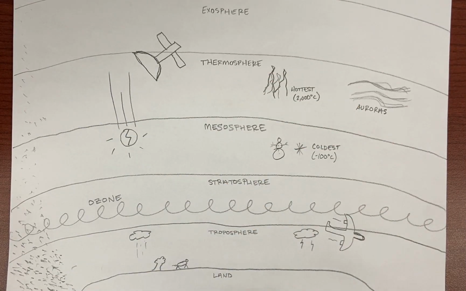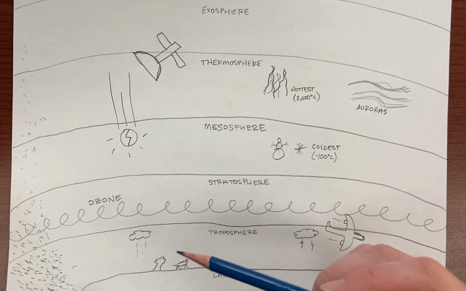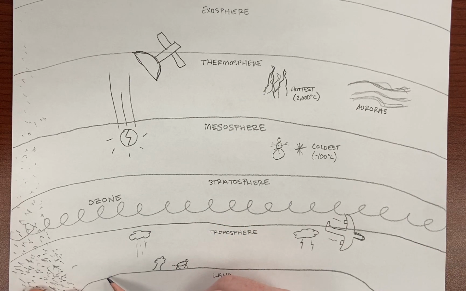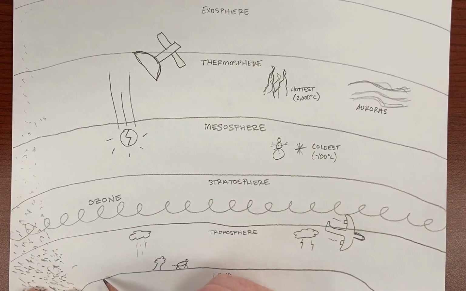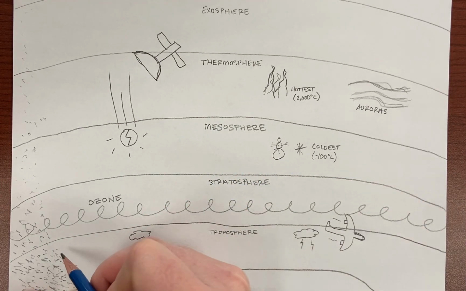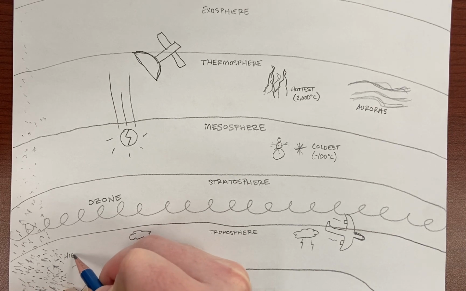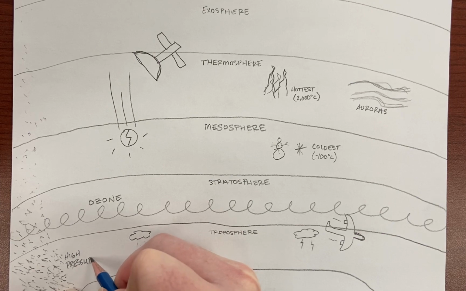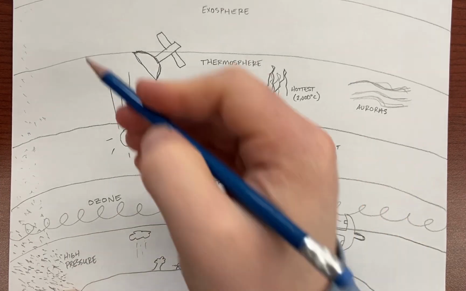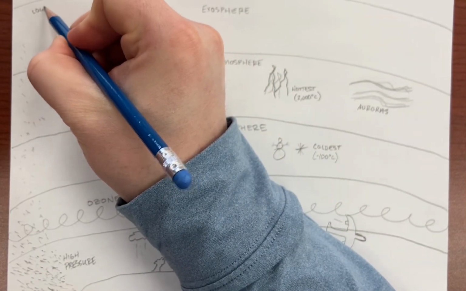Okay. One other thing we can point out too is temperature in the troposphere. I'm just going to showcase it by a line either going up and to the left or to the right. Our first one, or actually let's write down here, let's say high pressure. High pressure, and then therefore out here, low pressure.